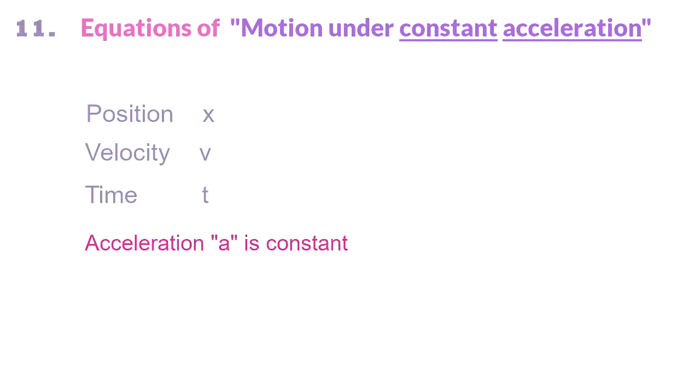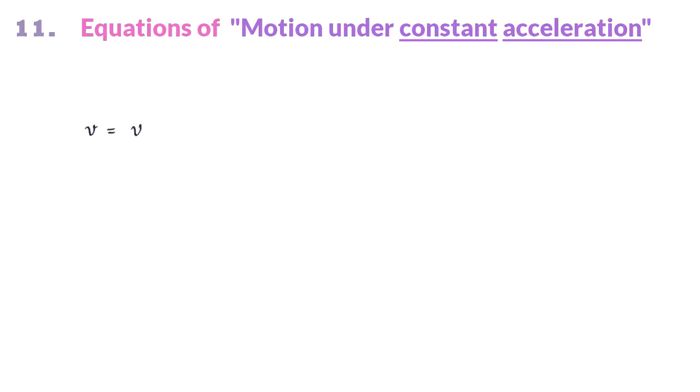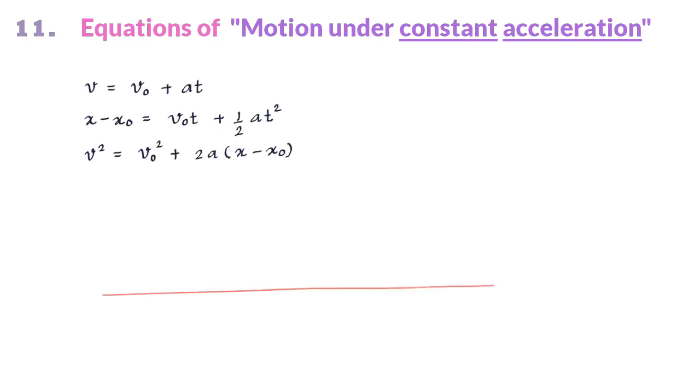And these are called kinematic equations, and they are v is equal to v naught plus at, x minus x naught is equal to v naught t plus half at square, and the third one is v square is equal to v naught square plus 2a (x minus x naught). Now here v naught is the initial velocity, x naught is the initial position, a is the constant acceleration, and after time t, v is the final velocity and x is the final position.